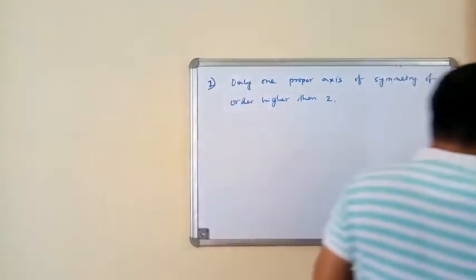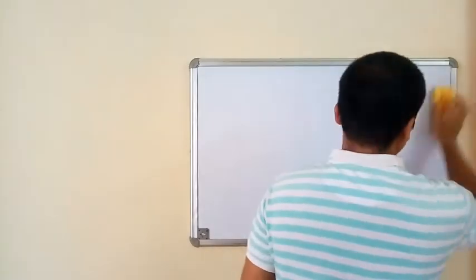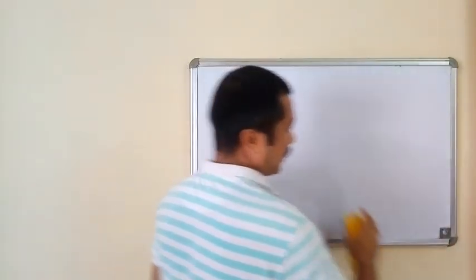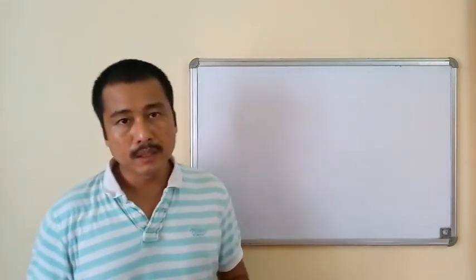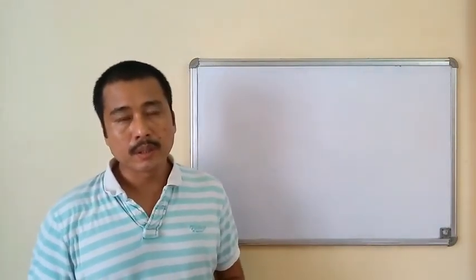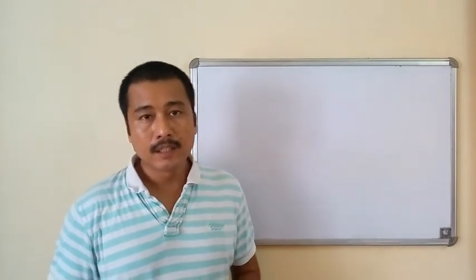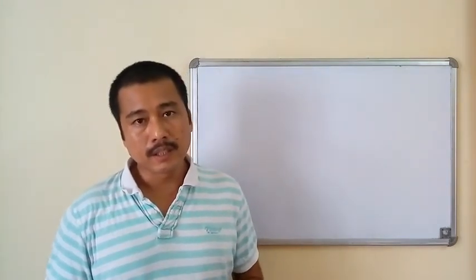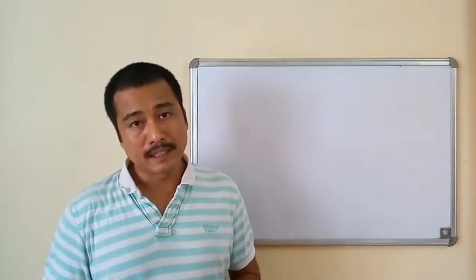So to begin with, one very important observation that we should learn is that if you find by observation one C2 axis of symmetry perpendicular to a proper axis of symmetry Cn, then there are definitely a total of n C2 axes which are perpendicular to the Cn axis of symmetry.